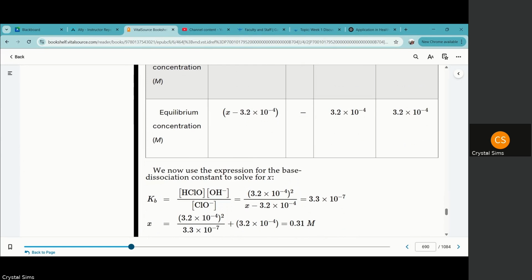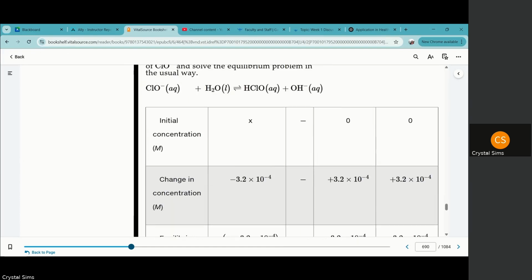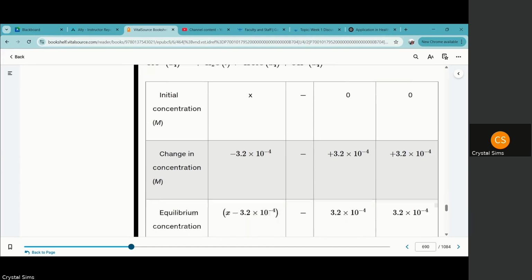And x is going to be 0.31 molar. So that is my initial concentration. Okay. So now that's what I was trying to solve. I mean, that was my initial concentration of the hypochlorite ions.